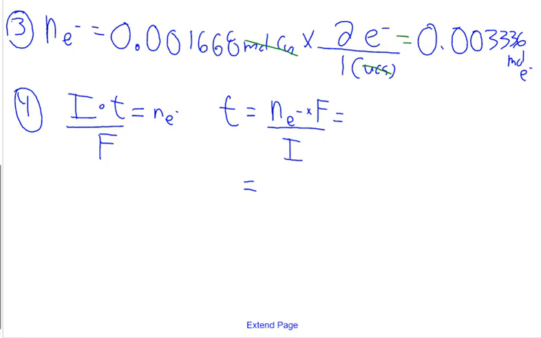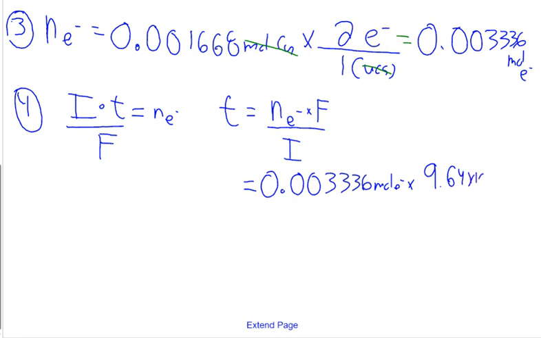I'll write it down below. So we start with moles of electrons, which would be just sitting in your calculator. You could just pull that down. Times Faraday's constant. You look that up on page 3 of your Chem 30 data booklet, the nice orange booklet.